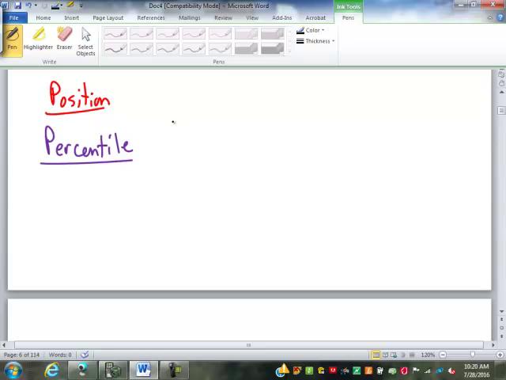So we're going to start off with a set of data. Just like with a median, it's important that the data is put in order from smallest to largest.